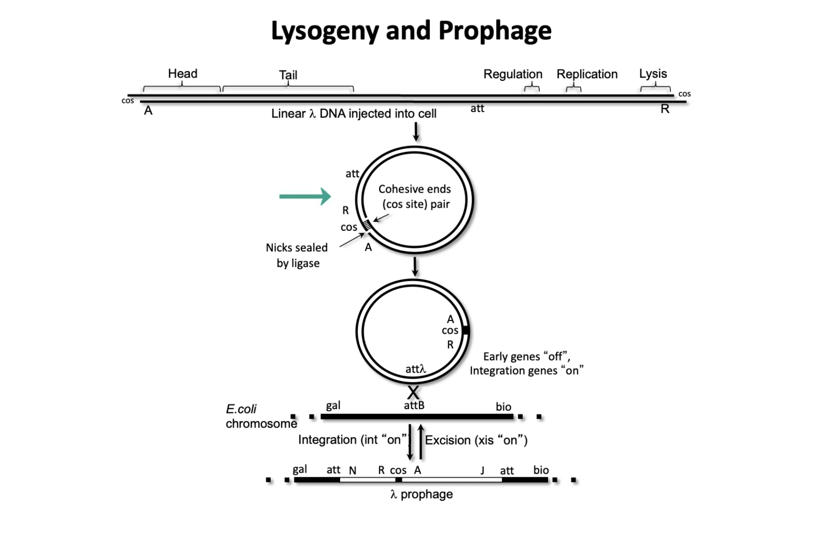So lysogeny is indicated here, where you first get circularization of the chromosome, and then there's a site on the lambda genome called attλ, which matches up with an attB site on the host chromosome, and there's a crossover that occurs, and then the lambda is integrated into the host chromosome.